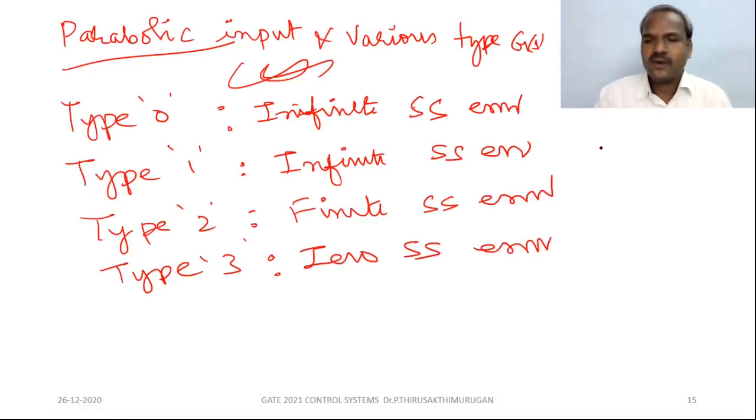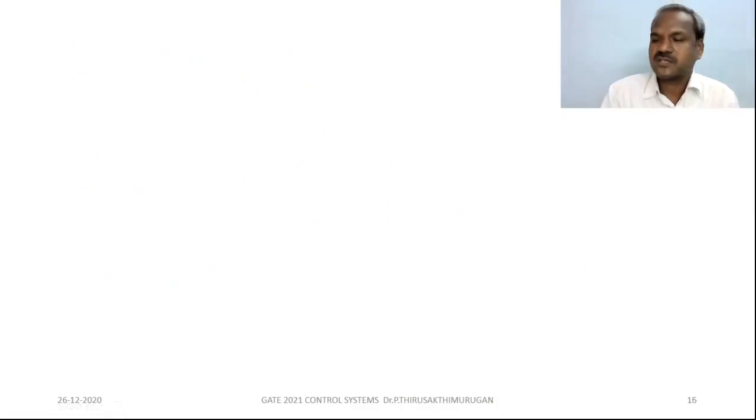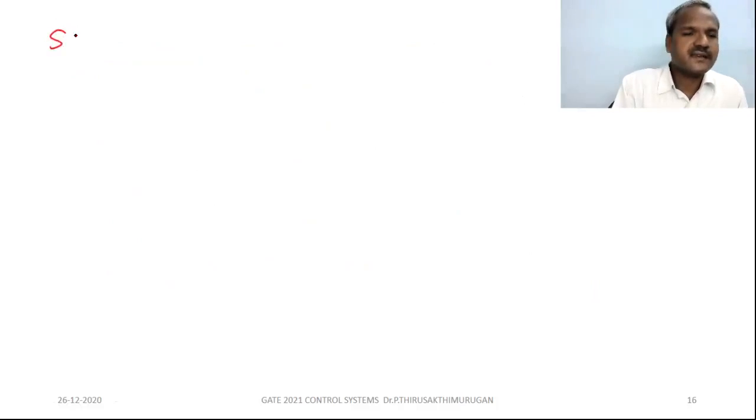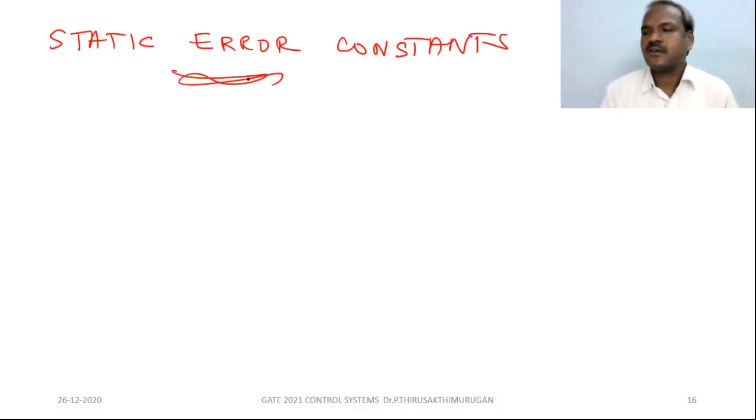Okay, so we know the various constants. What are the various constants? Static error constants, right? For each input, we know the steady state error.